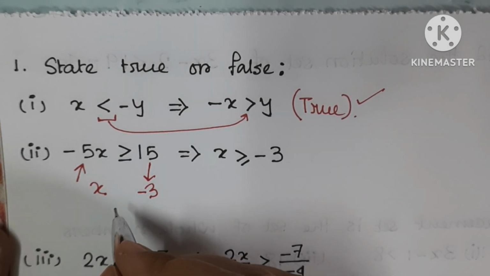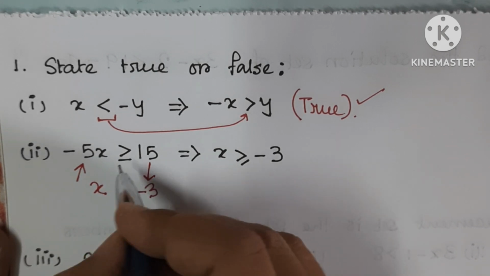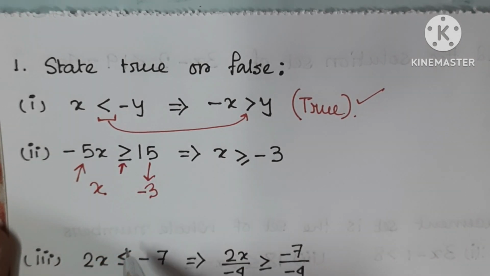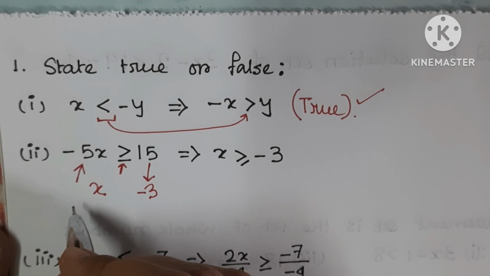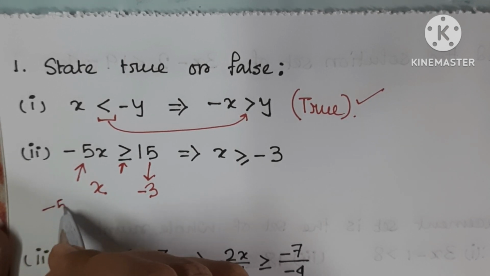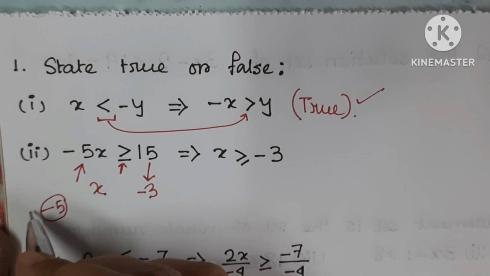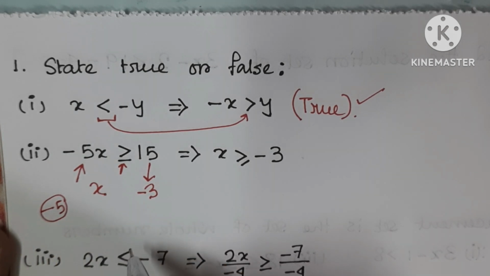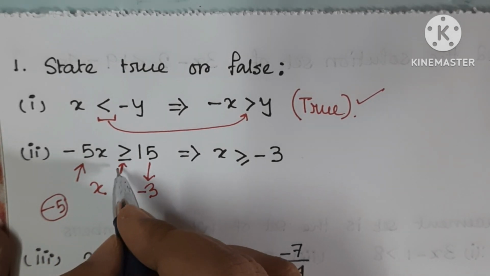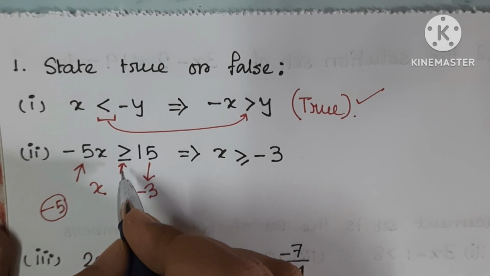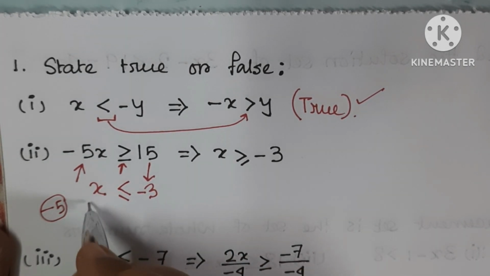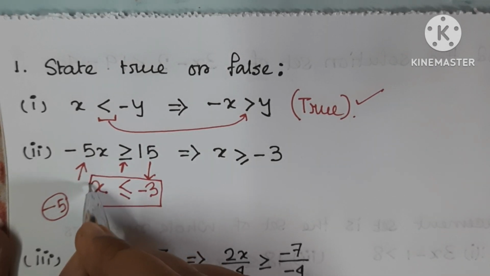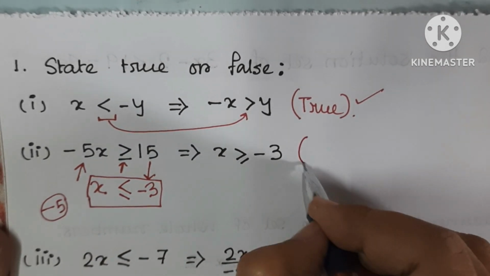Now what will be the symbol? Here you are dividing both sides by the same negative number. What was our rule? Rule number 3. So the symbol of the inequation will reverse. So you will get this, and so this is false.